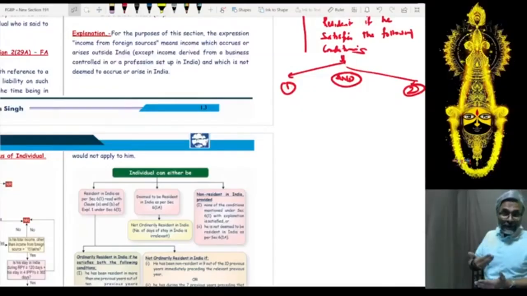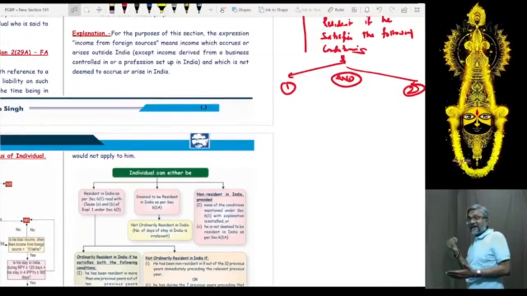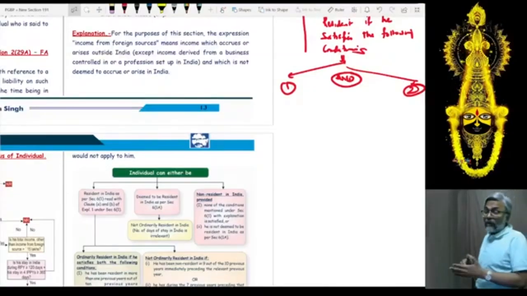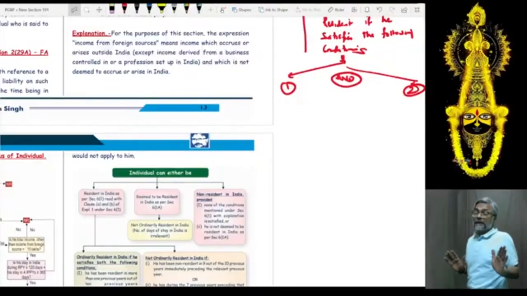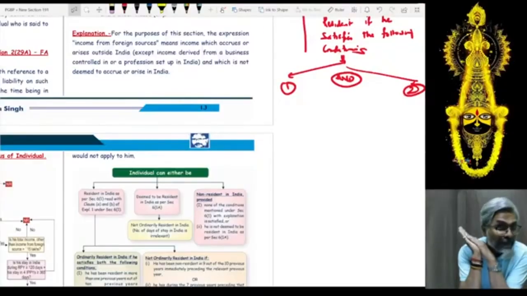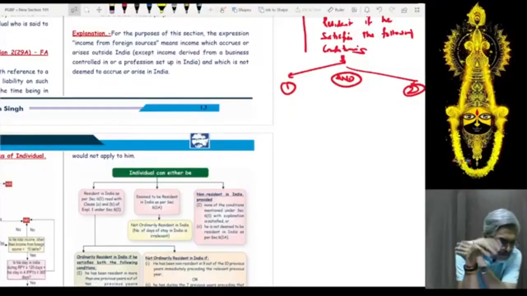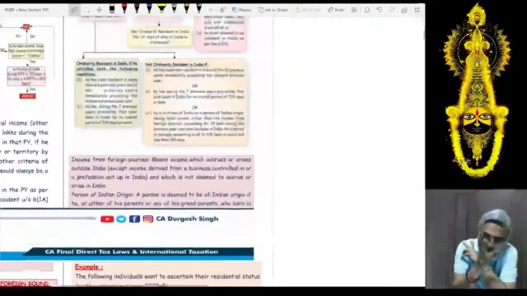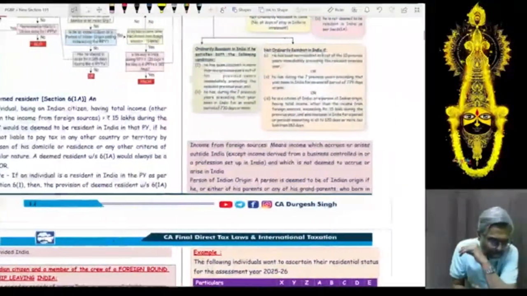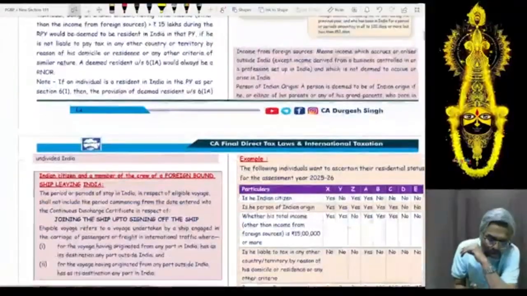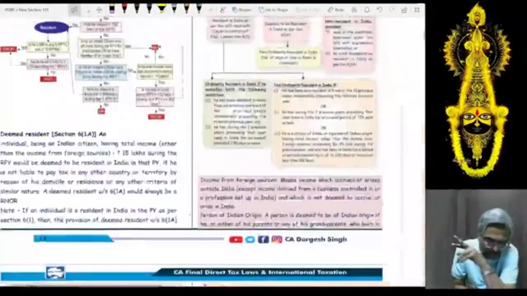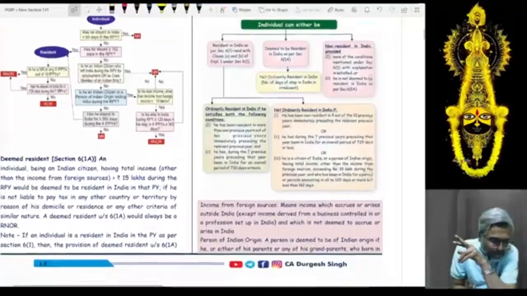And if you are not in a position to come up with the residential status correctly, then you will goof up the entire question and make a big mess of it. So that's the reason why I always have a habit of revising this particular thing, come what may. Now, the second one, students, is this one.